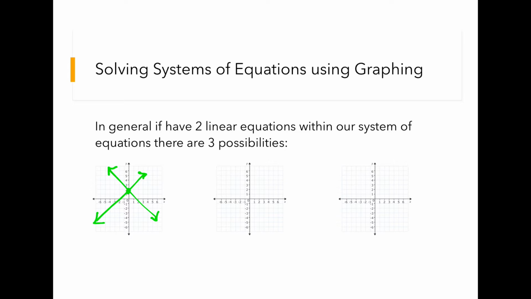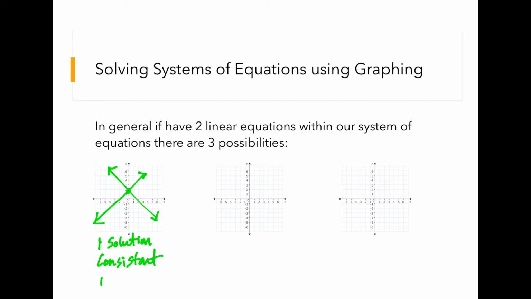So if we have two lines, it's possible that we have one solution to our system. And when we have at least one solution to a system, we say it's consistent. So this would be a case where we have a consistent system, and that system has a solution.